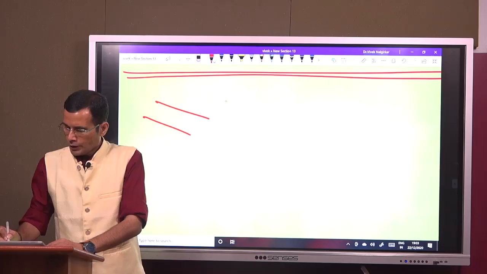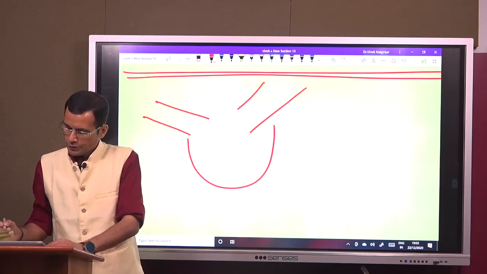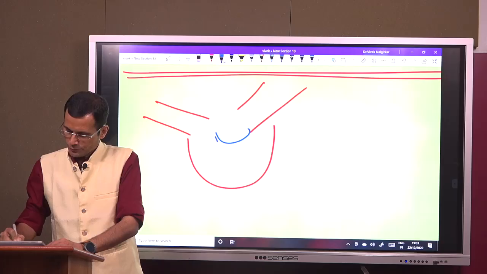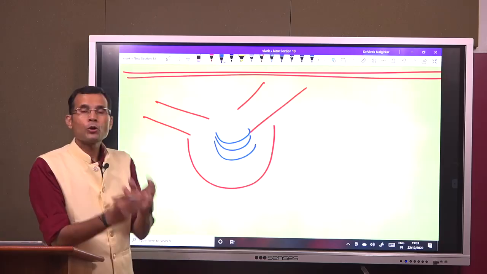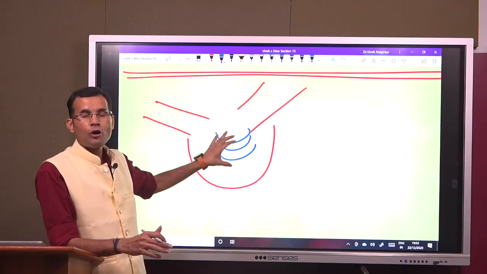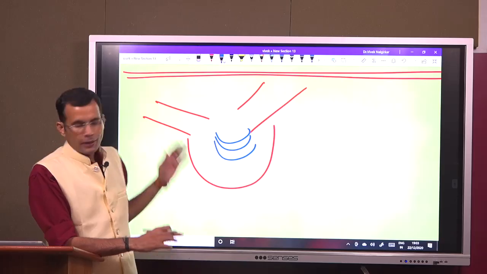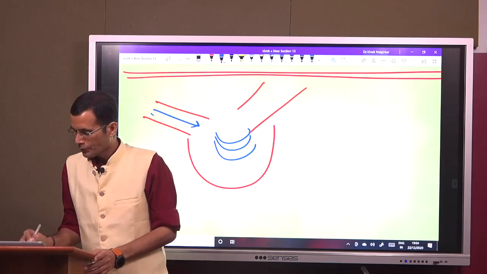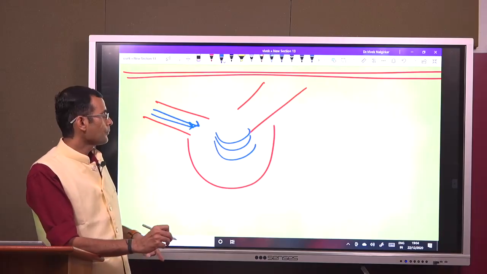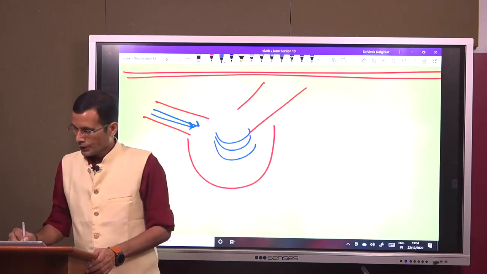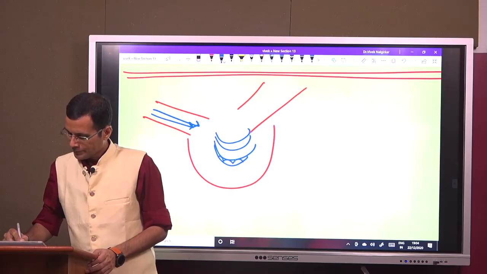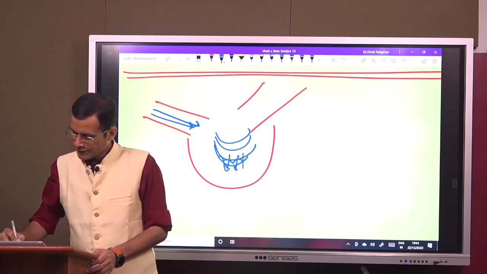Look, the structure of the glomerulus. Glomerulus is a tuft of capillaries. Fine. The blood comes into the glomerulus via afferent arteriole, and then the glomerular capillaries will filter the substances.